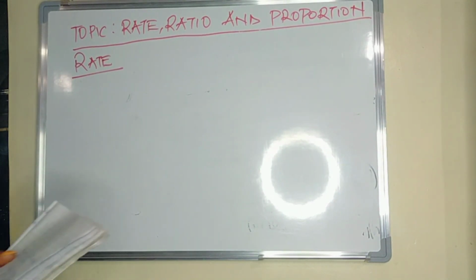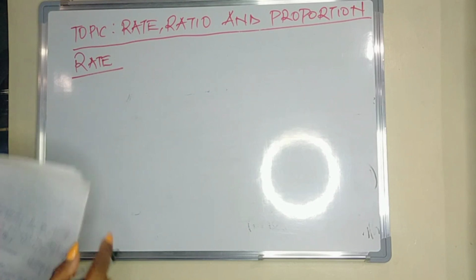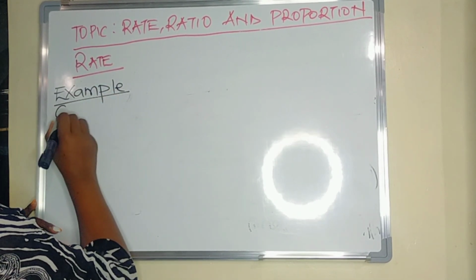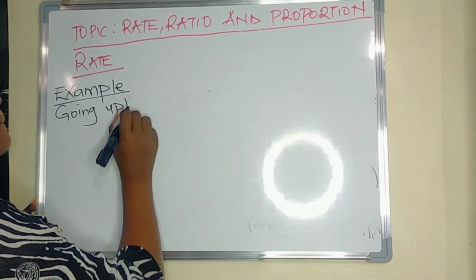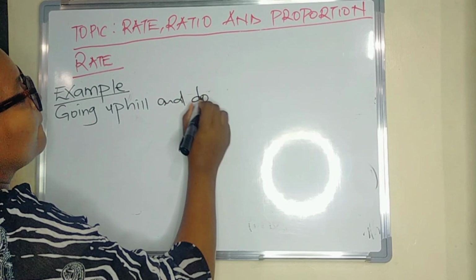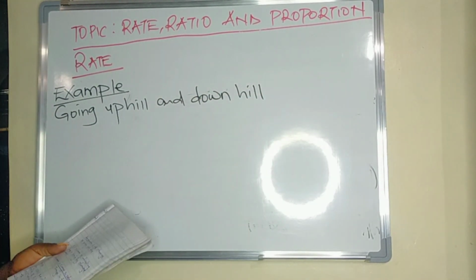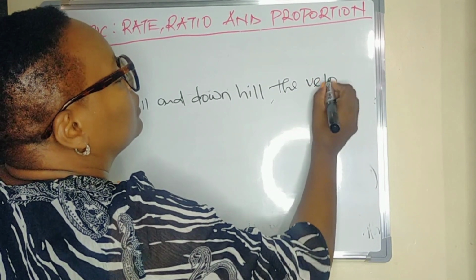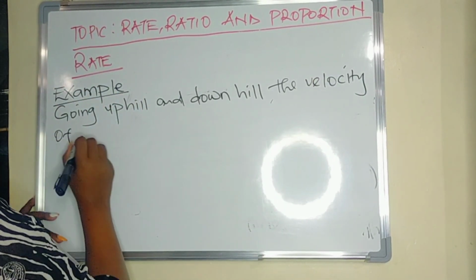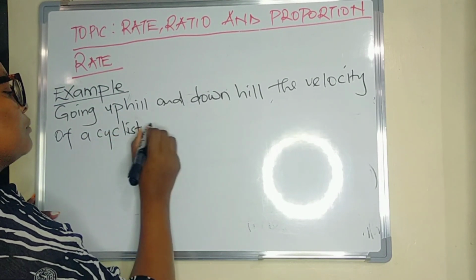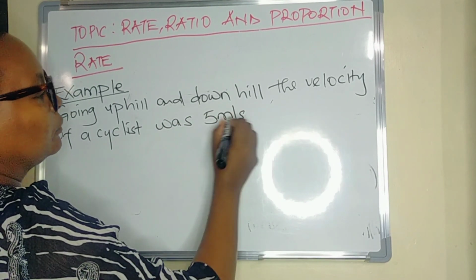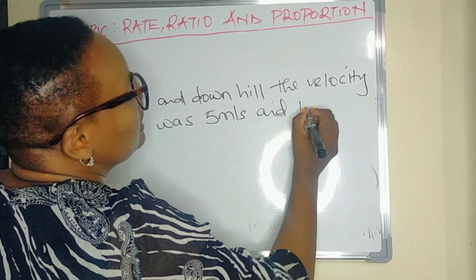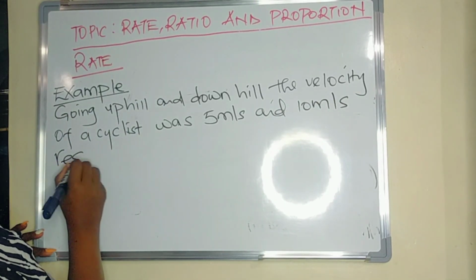Going uphill and downhill, the velocity of a cyclist was 5 meters per second and 10 meters per second respectively.